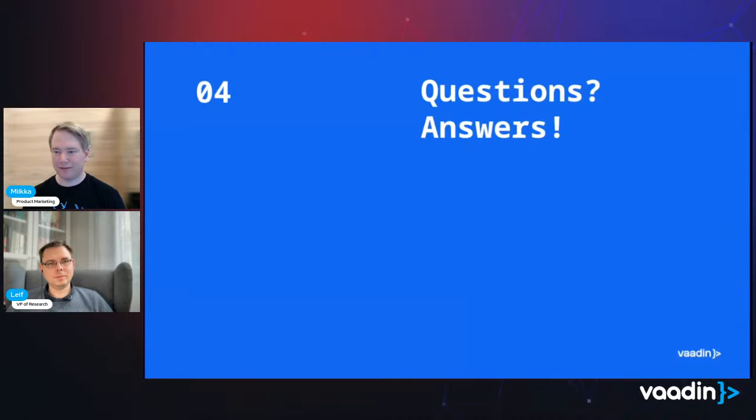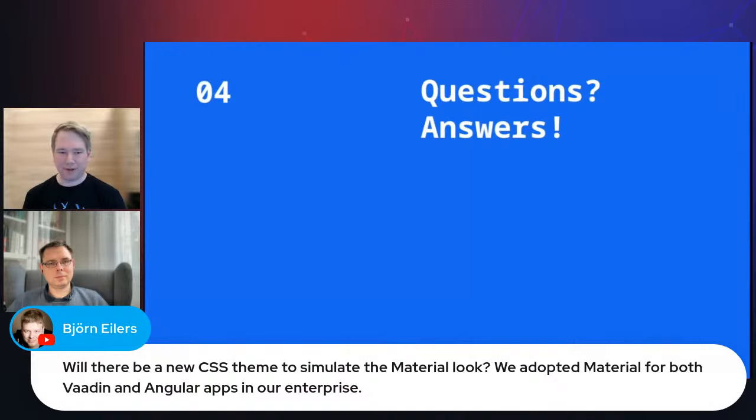Makes sense. Let's take one on the CSS theme. Is it possible to somehow simulate the Material look with the new CSS approach?